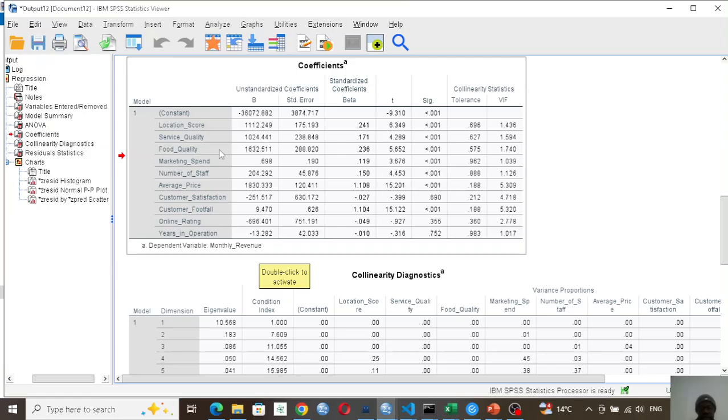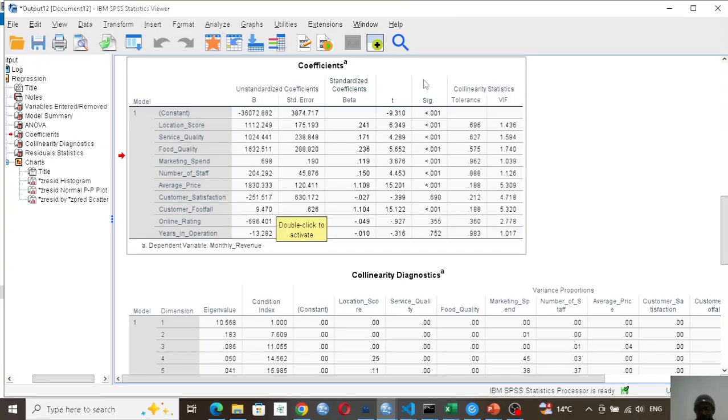And if food quality is increased by 1, our monthly revenue is likely to increase by $1,632.51. When you see a positive, it means it is likely to increase. When you see a negative, it means it is likely to decrease. For instance, with an increase in customer satisfaction by 1, our monthly revenue is likely to decrease by this amount. So basically that is what we do.